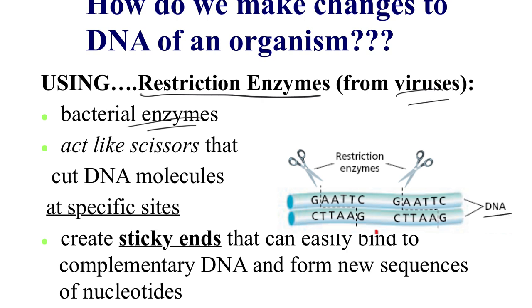So here's a DNA molecule, and the enzyme picks out a place to make a cut, maybe between G and A, guanine and adenine. When it makes that cut, it makes these pieces, these DNA fragments.